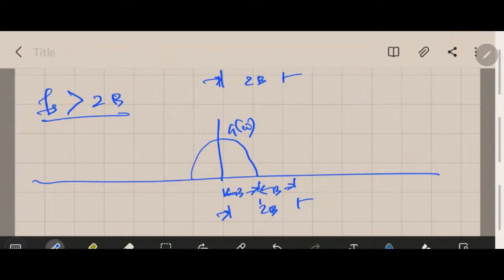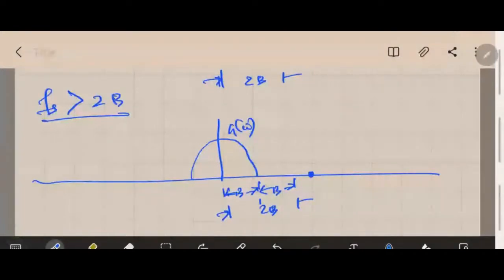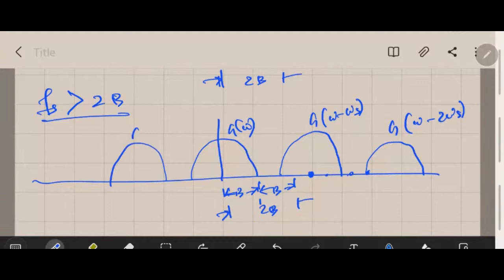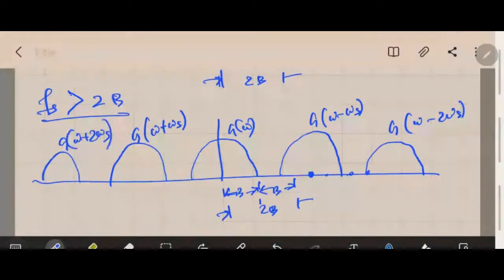That means the midpoint of the spectra will be somewhere here, or here, far away from that. So there will be a gap between the spectra, like this. This is g of omega minus omega s, this is g of omega minus 2 omega s. On the other side we have the same gap, g of omega plus omega s, g of omega plus 2 omega s. So the spectra would look like this, for these three cases.